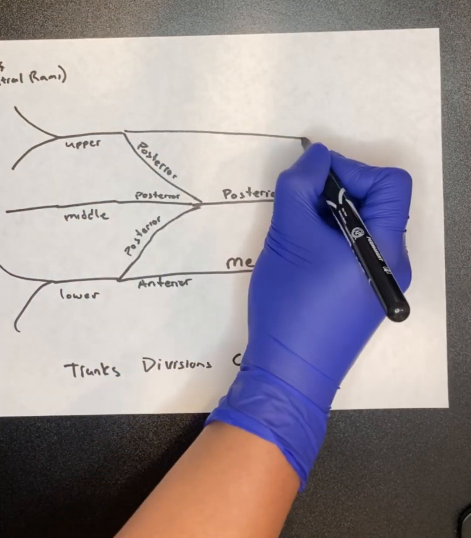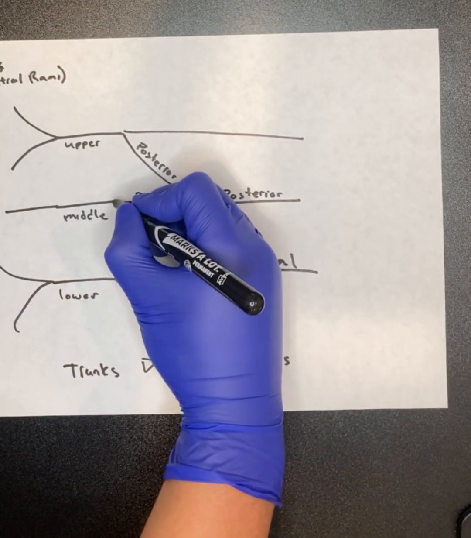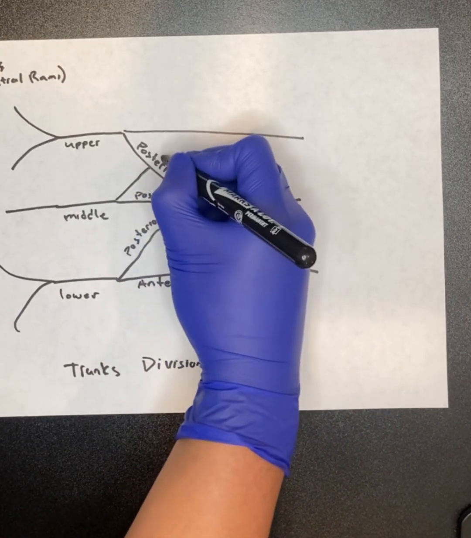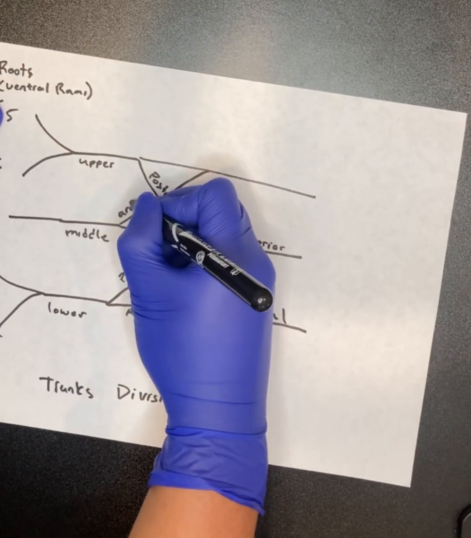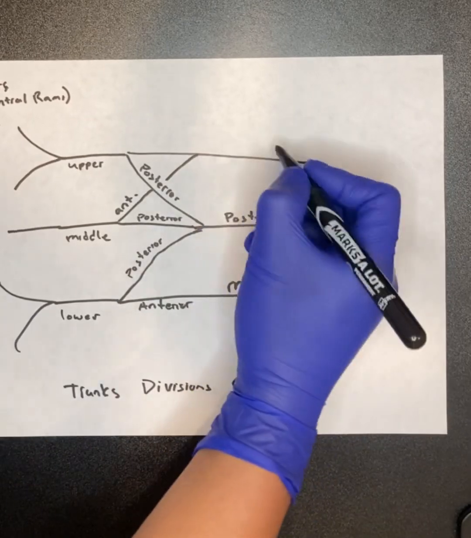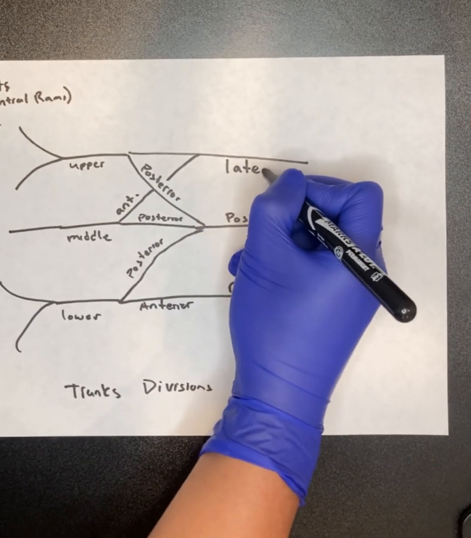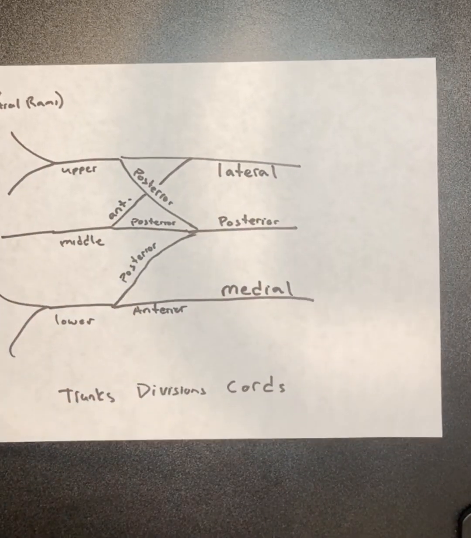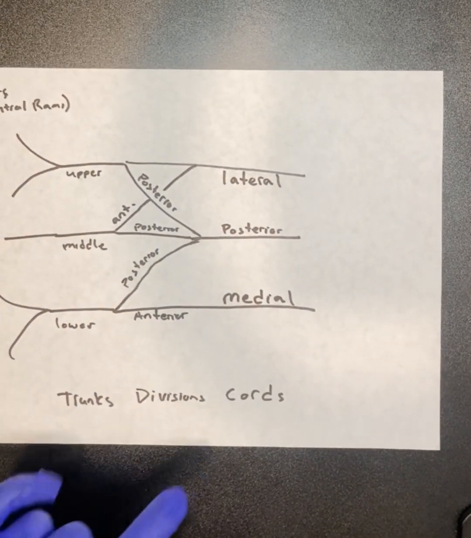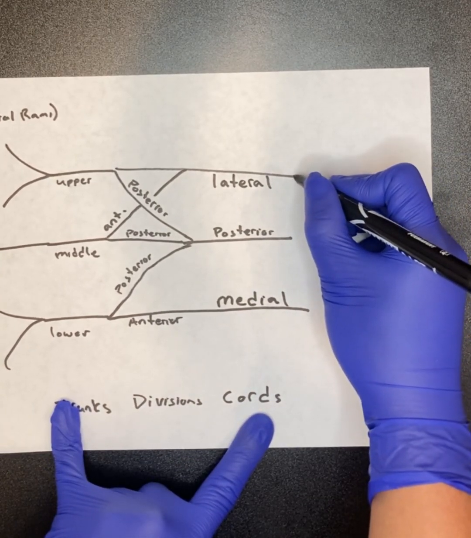Next, we will have the anterior division from the upper trunk and the anterior division from the middle trunk, which I'll draw with a line here. Anterior division, so I'll just put an ANT to abbreviate. This will form the lateral cord of the brachial plexus. The anterior division from the middle, the anterior division from the upper.